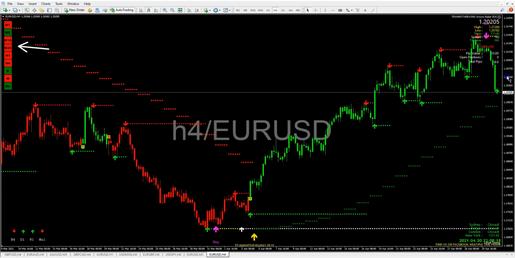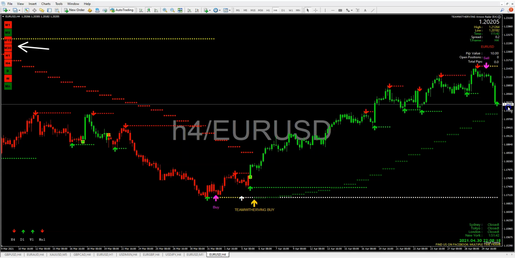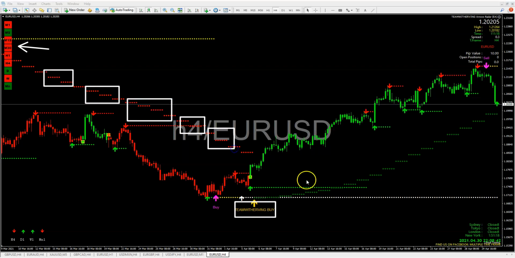So again, this is what you guys are going to be getting with this sniper entry, guys. You're going to be able to customize your text here. You can put your name, your daughter, your son, your wife, whatever you want. You're going to put it on the buy position. Same thing is going to happen on the sell, and you're going to be getting the stairs here letting you know what the market is doing.